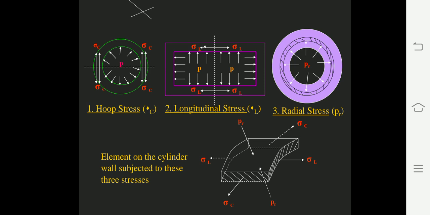Now let us see the element on the cylinder wall subjected to three stresses. Here you see a small element considered from a cylinder. In the length direction I have shown longitudinal stress, and in the diametrical direction sigma c is shown, then the other fluid pressure as shown here.